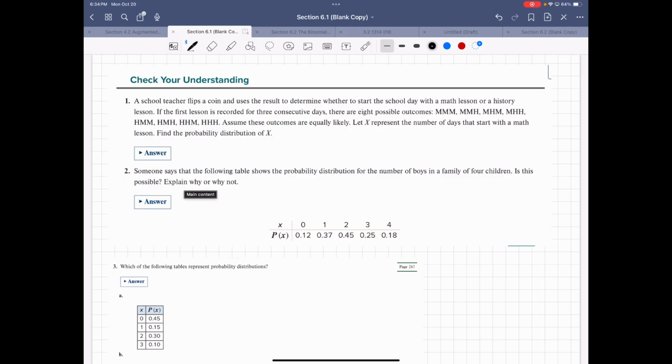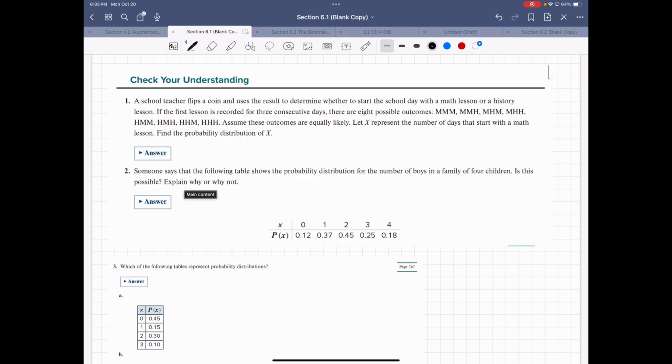If the first lesson is recorded for 3 consecutive days, there are 8 possible outcomes: math, math, math; math, math, history; math, history, math; math, history, history; history, math, math; history, math, history; history, history, math; history, history, history, for all 3 days. Assume these outcomes are equally likely. Let X represent the number of days that start with a math lesson. Okay.